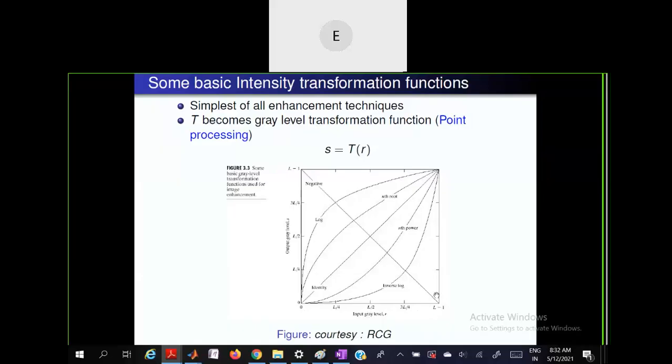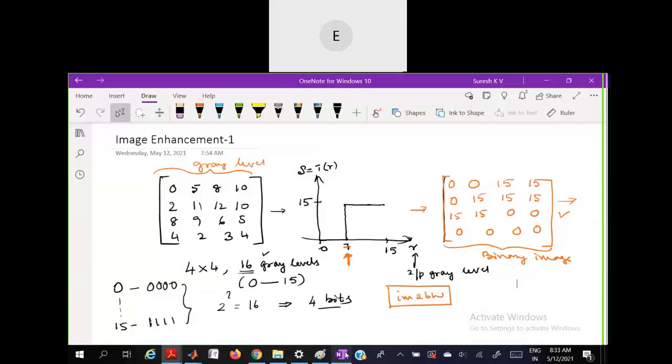L minus 1 is decided by the number of bits used to represent. For example, in the previous case, your L minus 1 is equal to 15 because the maximum gray level is 15, which means I am using 4 bits to represent. So it is a 4-bit image.